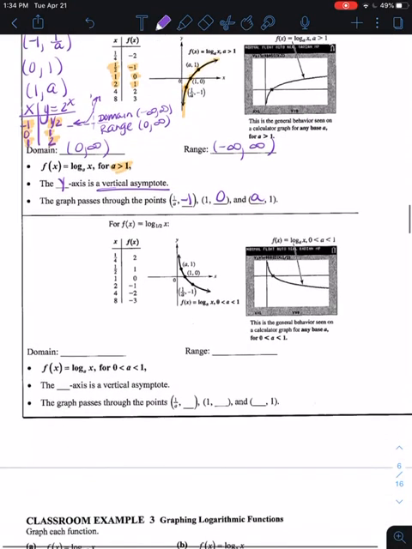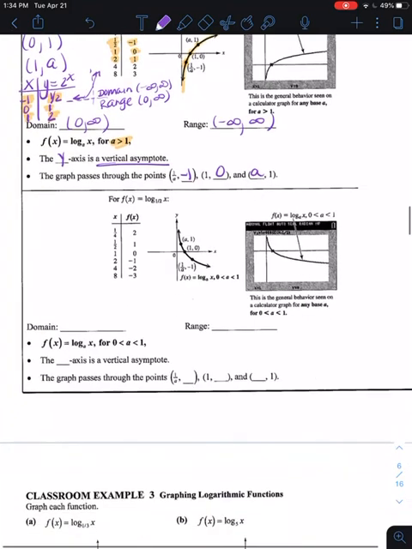All right, now you have the log function that corresponds with exponential decay. So here your a value is 1/2. You're going to have these 3 points here. So remember, on your log function, just like we did before, you're going to have your (1/a, -1).